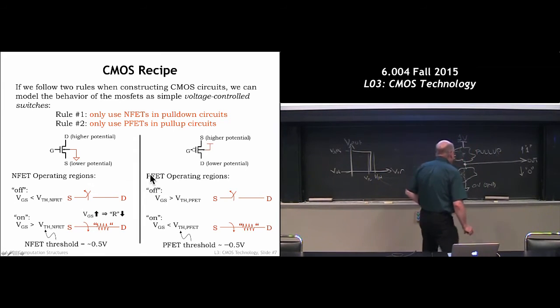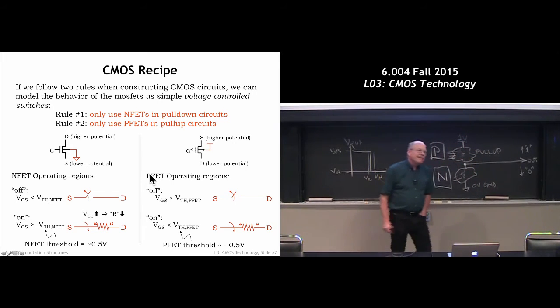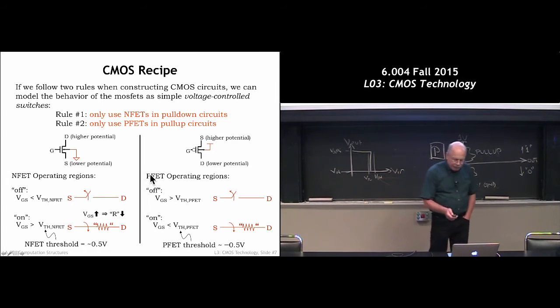The rules that we have in order for our very simple model to work is that we only use N devices in the pull down and we only use P devices in the pull up. If you violate that rule, then our very simple model won't tell you what happens. CMOS circuits pretty much follow this rule: P-channel MOSFETs up here in the pull up, N-channel MOSFETs in the pull down.